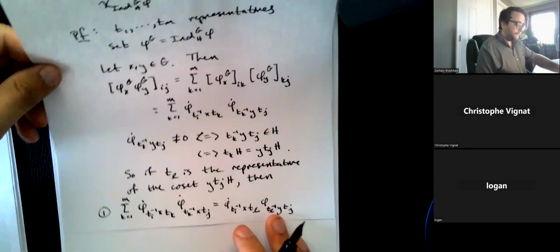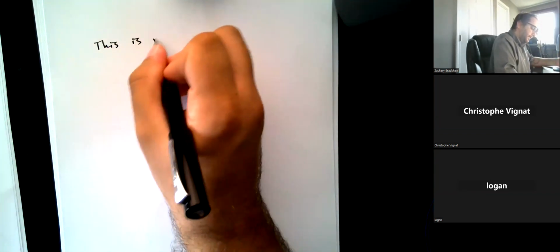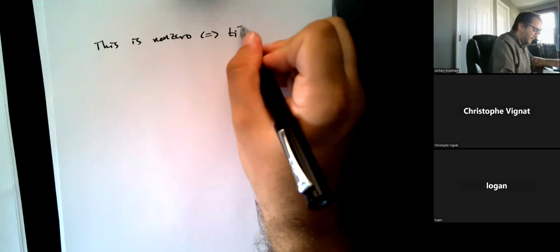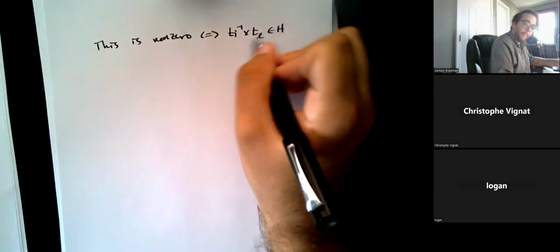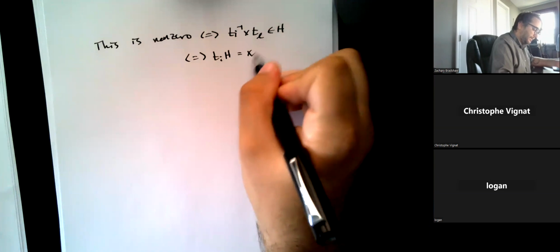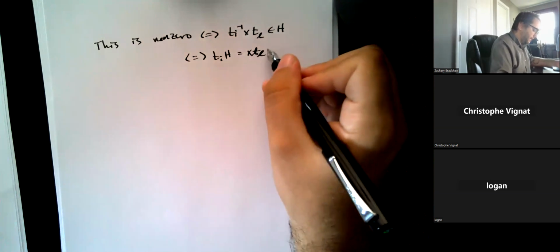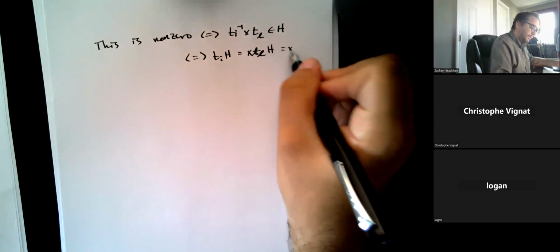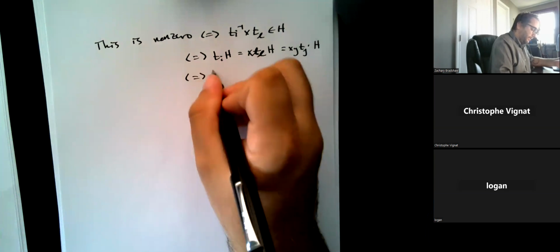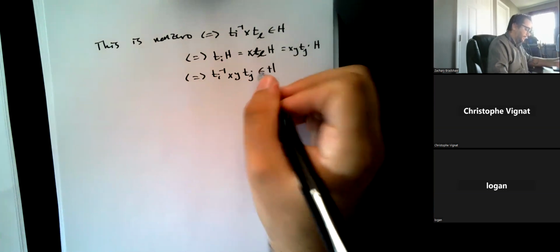But this is non-zero if and only if t_i inverse x t_l is in H, if and only if t_i H is x t_l H, which is x y t_j H, if and only if t_i inverse x y t_j is an element of H.